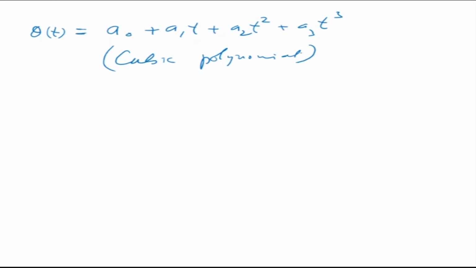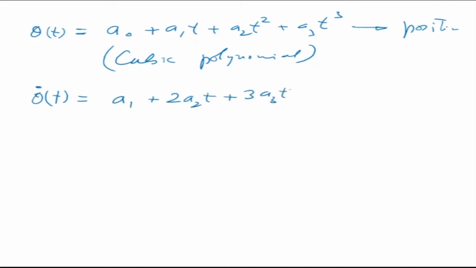Because if I only put a naught and a1 t, then what will happen is, if I take theta dot of t, I take the derivative of this. So this is position, right? What is velocity? I take the derivative of that, which is a1 plus 2 a2 t plus 3 a3 t squared.